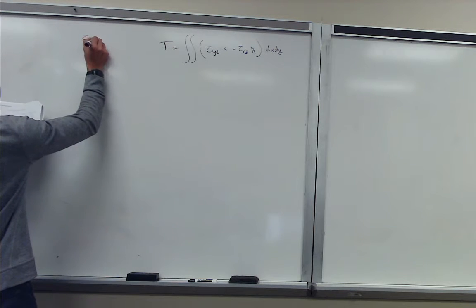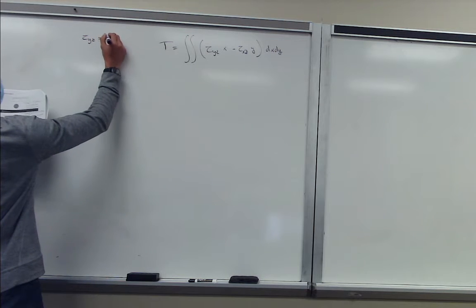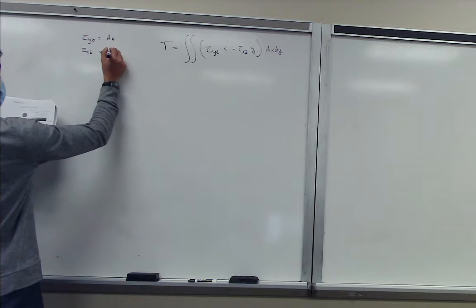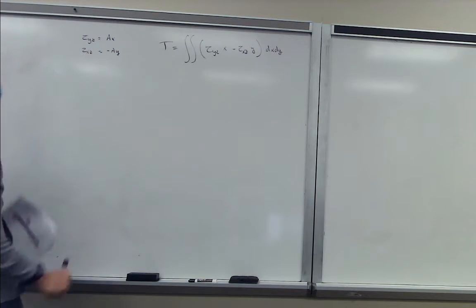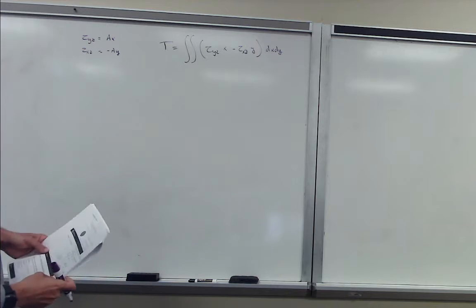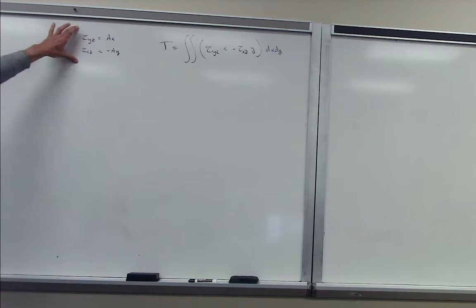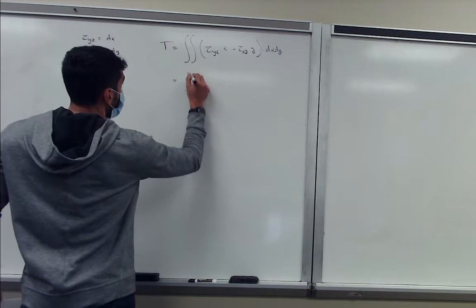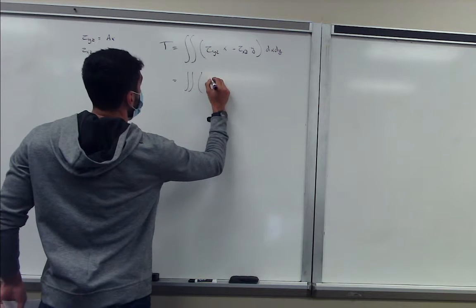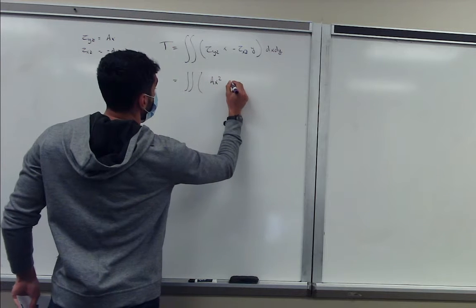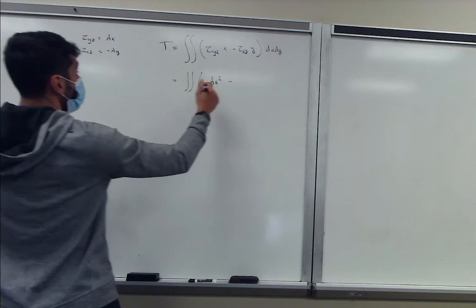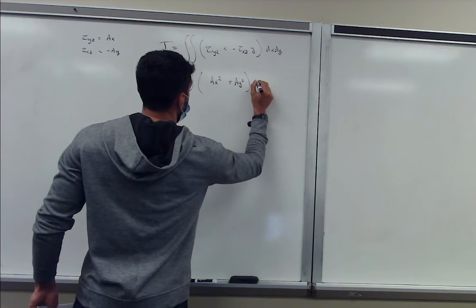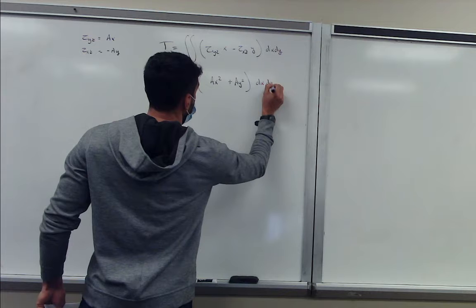So tau yz is equal to ax, and tau xz is equal to minus ay. So we substitute the two given equations into our torsion equation to get the following equation. So we get ax squared, and the minus cancels out, becomes a plus, ay squared, dx dy.